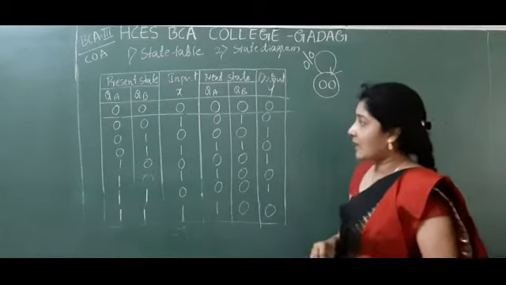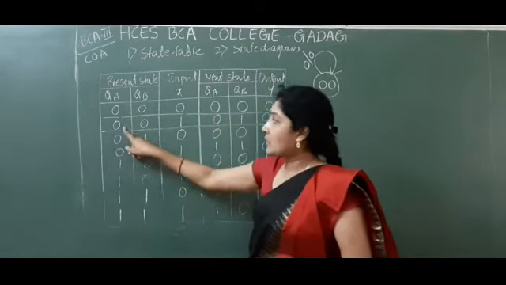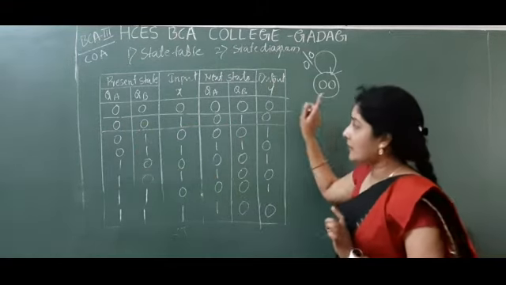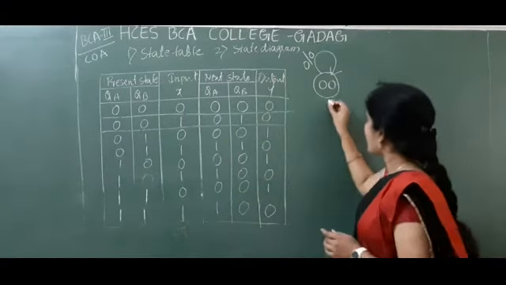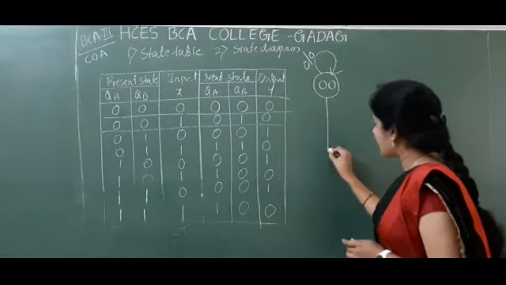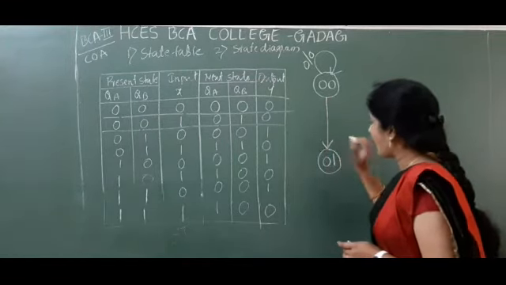Okay. Now coming to the next one. The present state is 0, 0, which means we consider the same state. Then the next state is 0, 1. So when the present state is 0, 0, the next state is 0, 1, with an arrow mark.